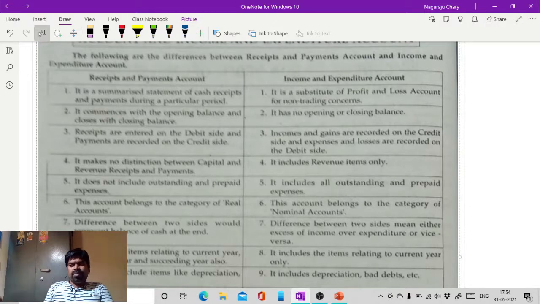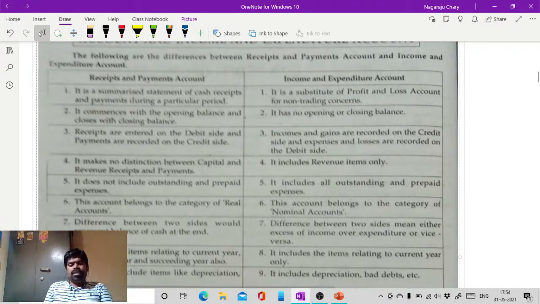The receipts and payments recorded may belong to the preceding year or succeeding year, but during that particular period, that may be received. So that is the statement known as receipts and payments.